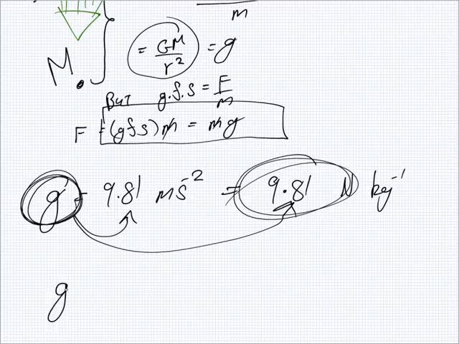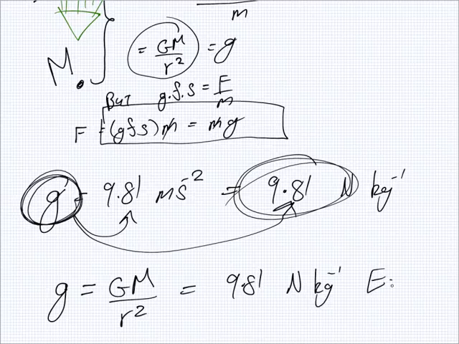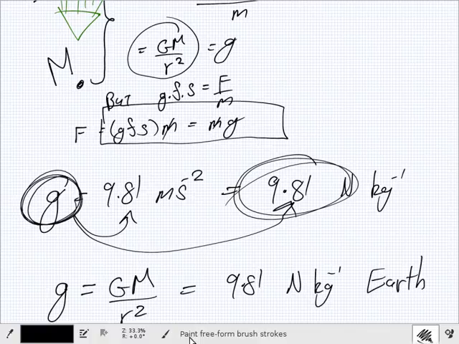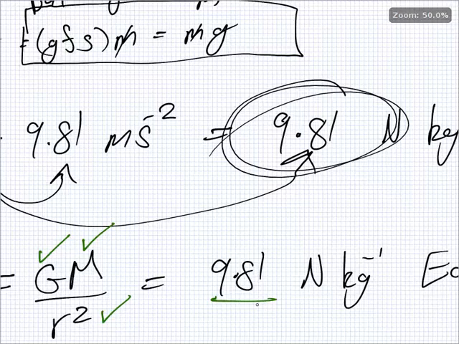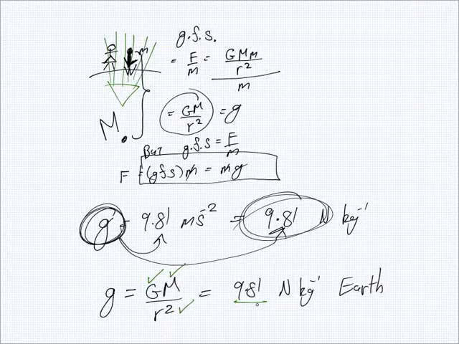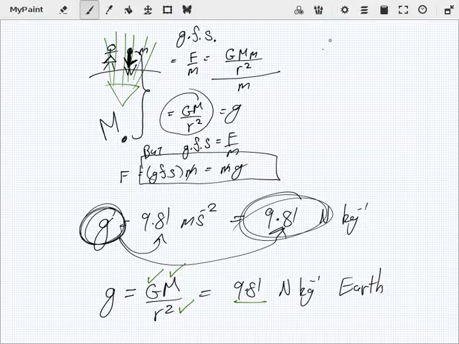The gravitational field strength is equal to Gm over r squared, and this will equal 9.81 newtons per kilogram on Earth. You can check it. If you put in the G and the M for Earth and the radius for Earth, you do get this number. You don't need this. This is the proof of the formula.